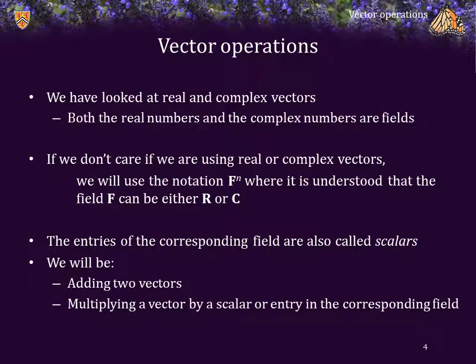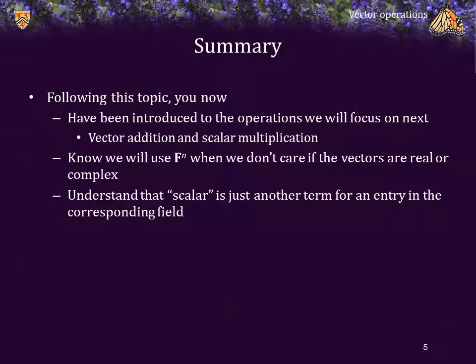So we will be discussing how we add two vectors and how we multiply a vector by a scalar, that is, an entry in the corresponding field. Following this topic, you have now been introduced to the operations we will focus on next, vector addition and scalar multiplication.